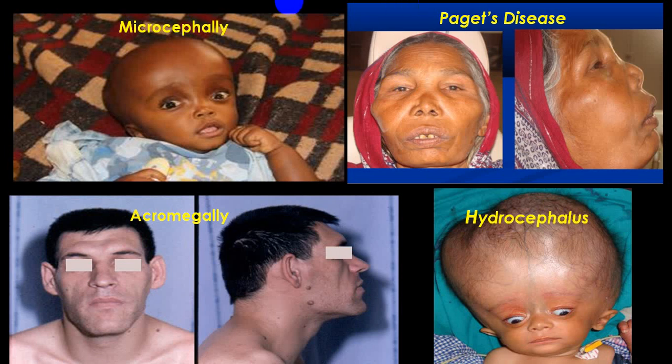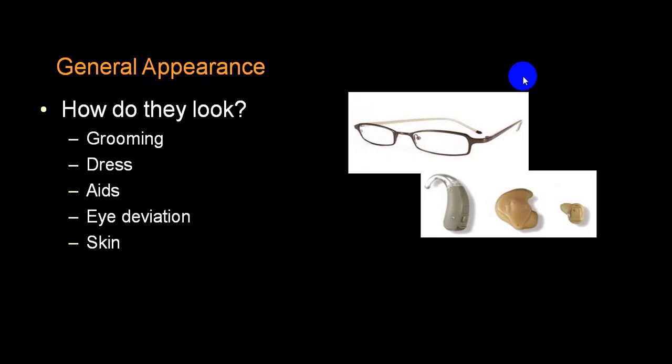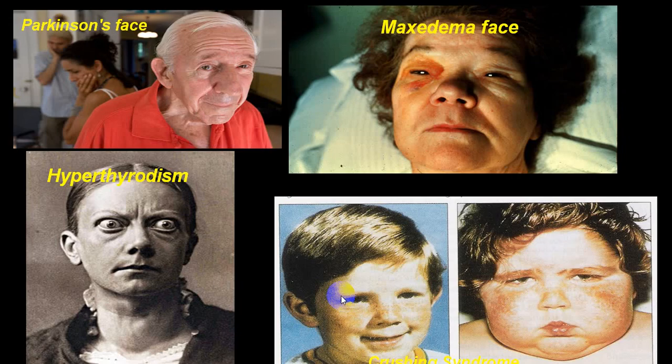Sometimes a good number of diseases can be identified, like microcephaly, acromegaly, hydrocephalus. This you can identify very nicely, Paget disease. Then a person wearing glasses, wearing earphones, etc. will be also helpful.